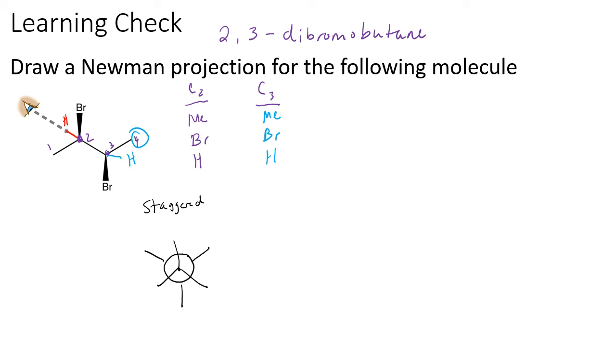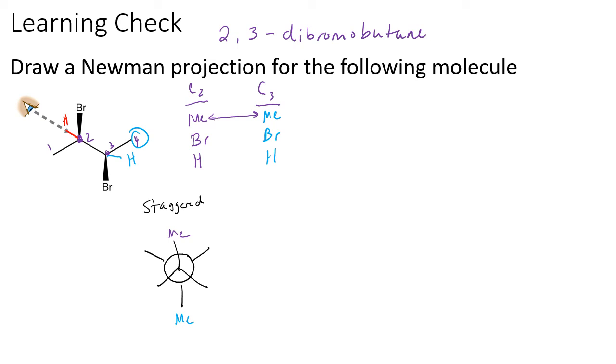So on the front, in order to keep this lowest energy, my 2 biggest groups are methyl. I should put those 180 degrees apart from one another. So my front methyl should go above my back methyl, keeping those at 180 degrees, since those are the largest, bulkiest groups in this example.